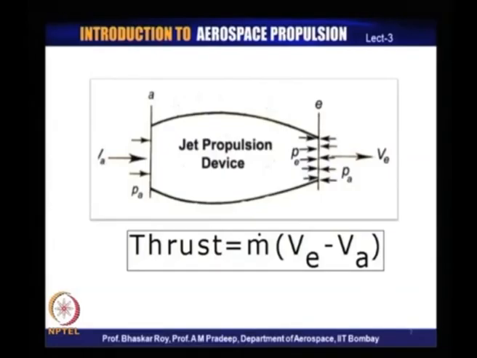It goes out with another set of properties, again another set of pressure, temperature and velocity, and a change of these properties is what produces the change of momentum. Now, the change of momentum that we are looking at refers to the change of velocity. Velocity, as you know, has a magnitude and a direction.